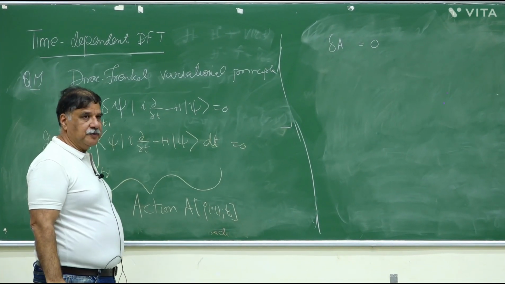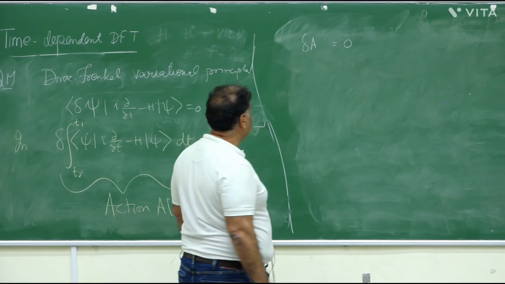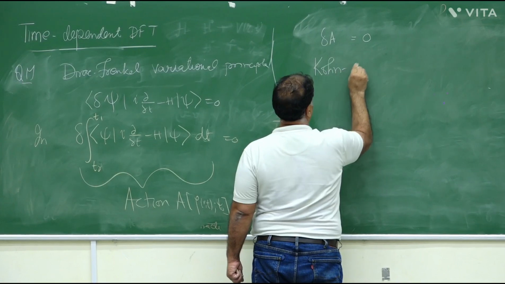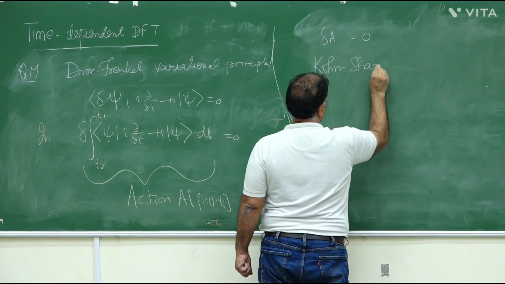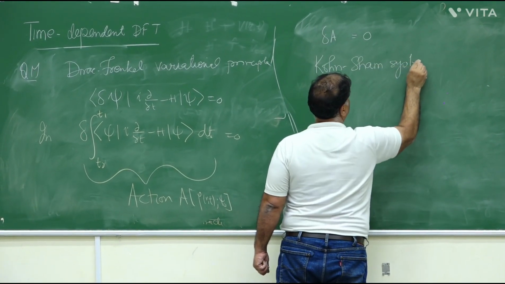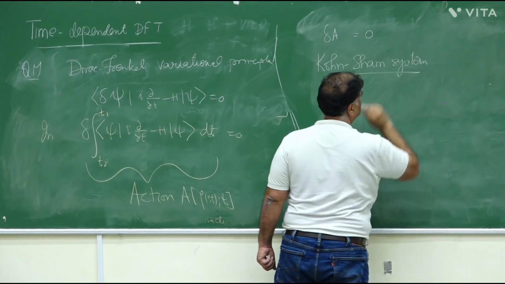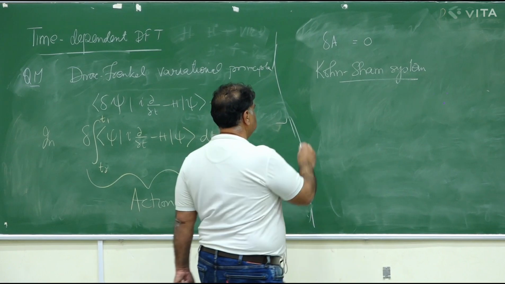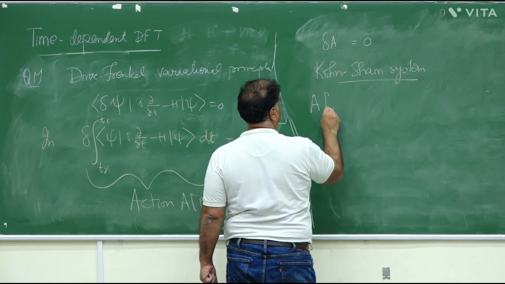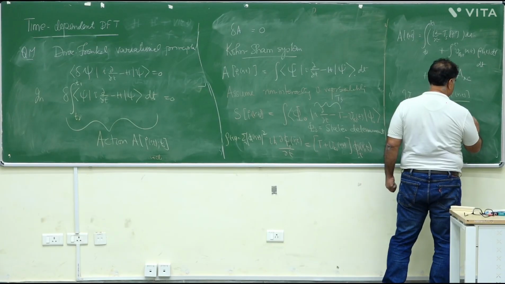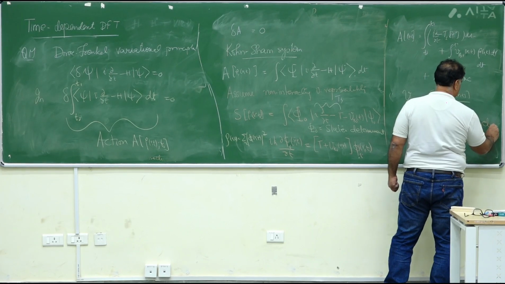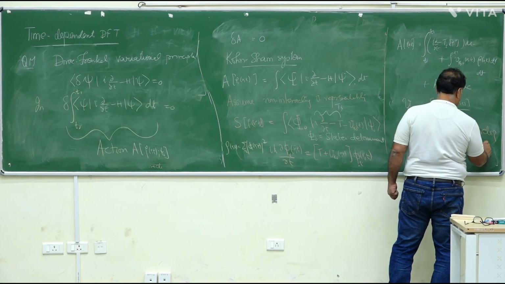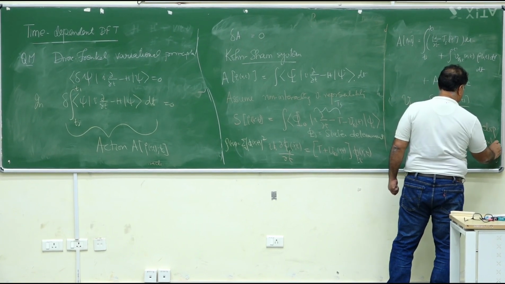But this is the action principle. Now, Kohn-Sham system. So right now we have the action A developed. Approximations.